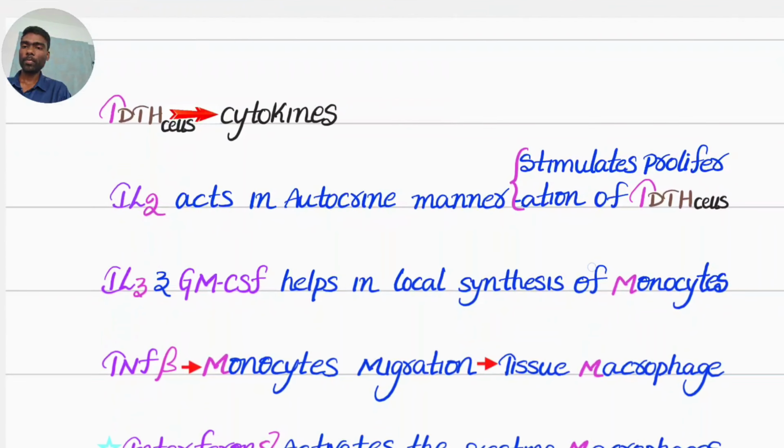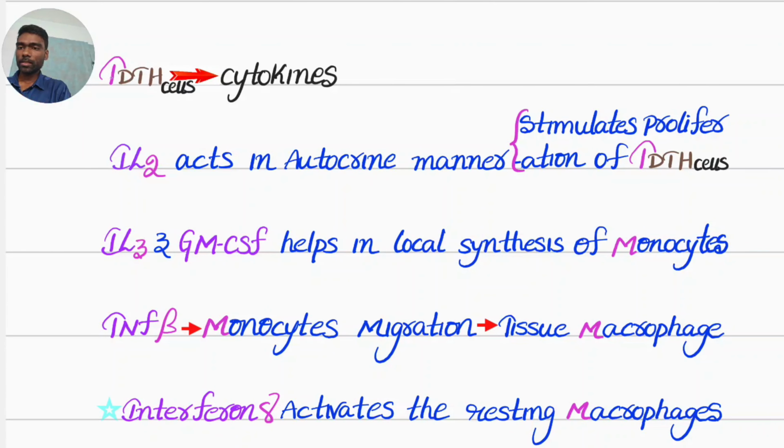We will see now. Here our effector cell, the delayed type hypersensitivity T cell, is releasing cytokines like interleukin 2. First it will act on delayed type T helper cells like T helper 1 cell, CD4 plus, CD8 plus cells, in an autocrine manner to stimulate the proliferation of delayed type T helper cells.